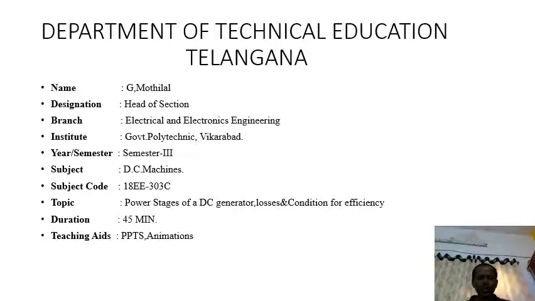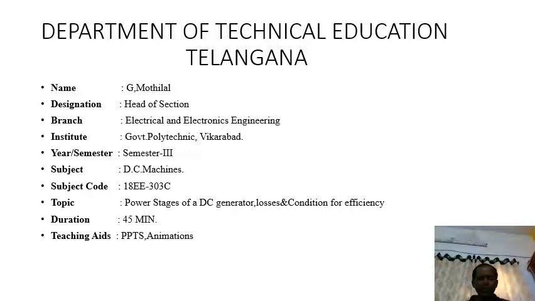Self-excited DC generators are classified again into series generators, DC shunt generators, and compound generators. DC compound generators are of two types: long shunt compound type and short shunt compound type. Their equations and working principles, everything we have discussed in the last class.